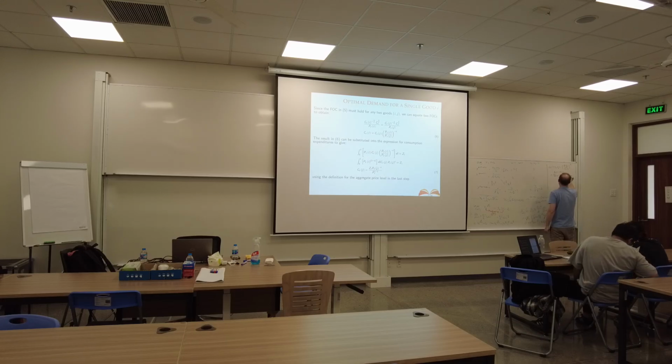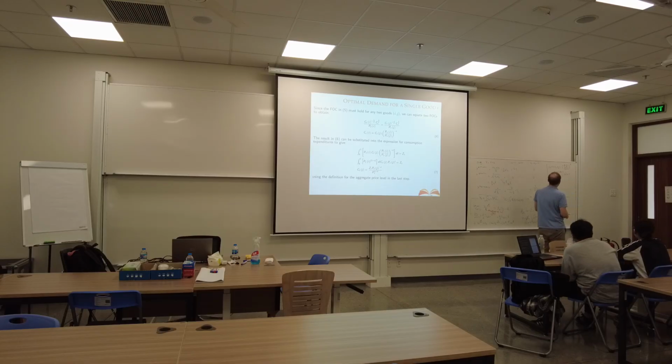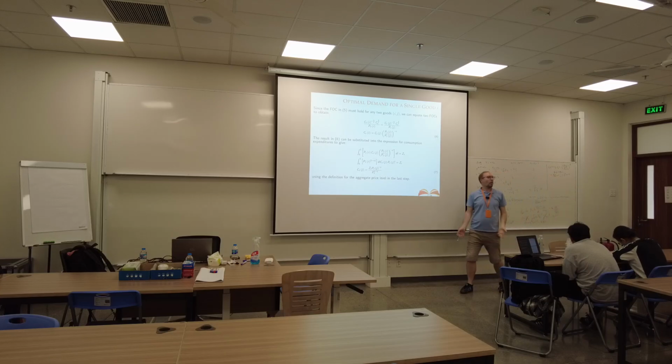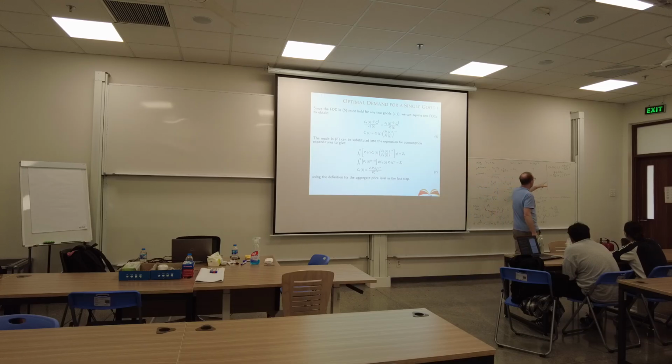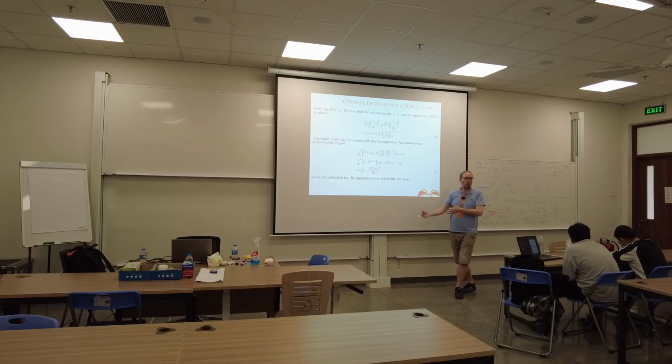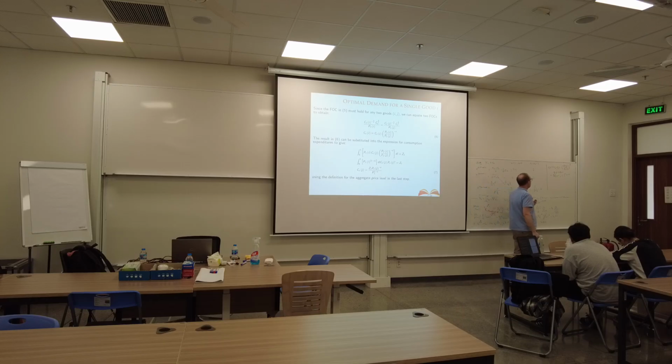The power of epsilon is also greater than 1. So our demand for good i is going to be the same as our demand for good j times a number that's greater than 1. We will demand more of good i than good j if good j is more expensive. We're going to demand more of the cheaper goods. But by how much? Well, it's going to depend on how easily we can substitute those two goods for each other.